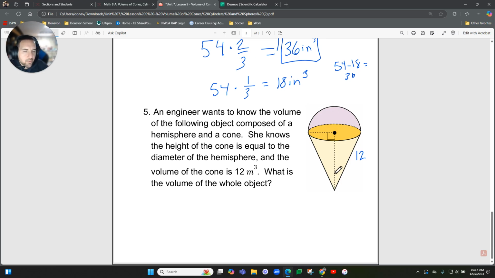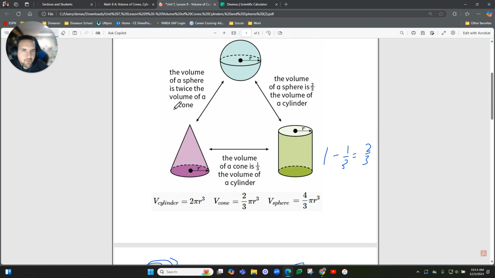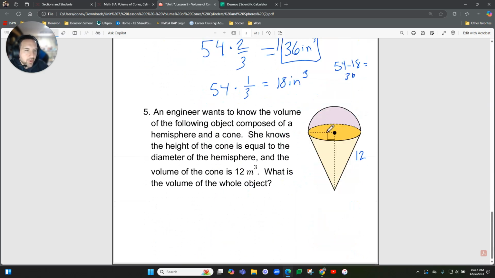So we need to look at the relationship between the volume of a cone and a sphere. The sphere is twice the volume of a cone. But we only have half of that, right? If this were a whole sphere, the volume would be 24, but we only have half of that.